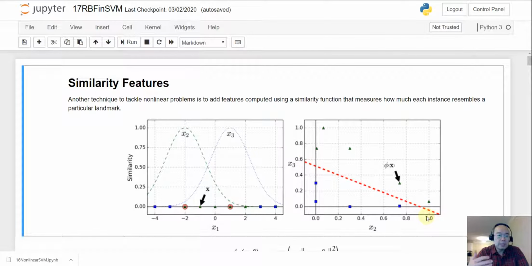So this is just another idea of doing the classification. We are again introducing new features and then making the samples linearly separable. That is the basic idea of the Gaussian kernel or the RBF kernel.